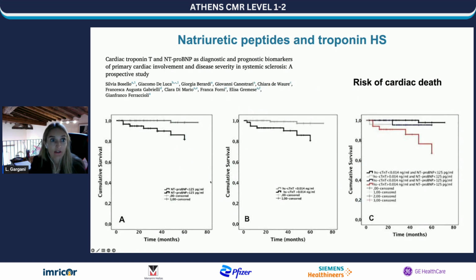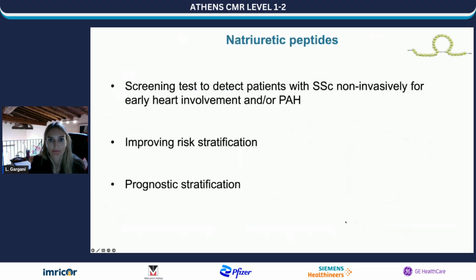And again, if we go to Kaplan-Meier curves, we can see that both of these biomarkers are predictive of cardiac death. We have seen NT-proBNP, but also cardiac troponin, high sensitive troponin can be a predictive biomarker.